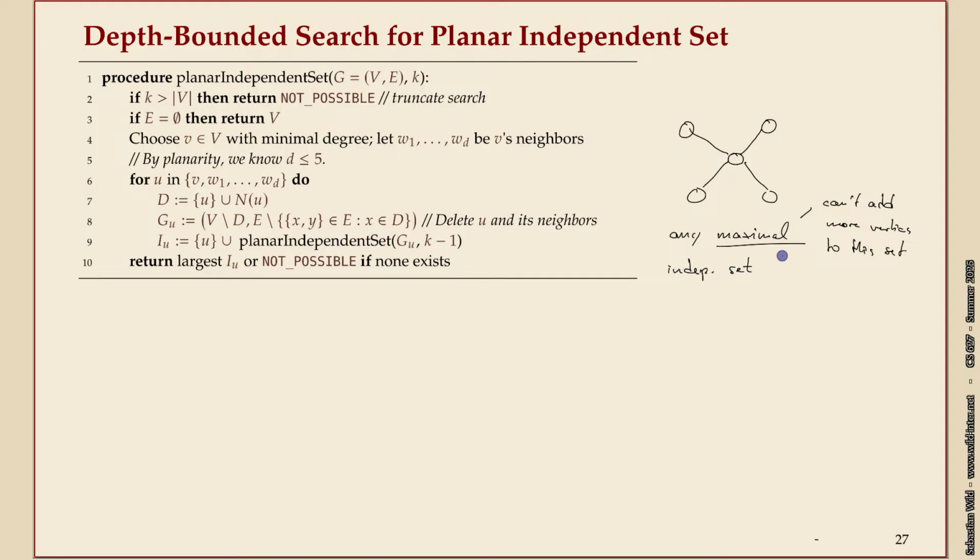If you have a maximal independent set, you have to take one of those 5 vertices. If you did not include any, then you could have taken the center and added it, because you're not including any of the neighbors of this vertex V.